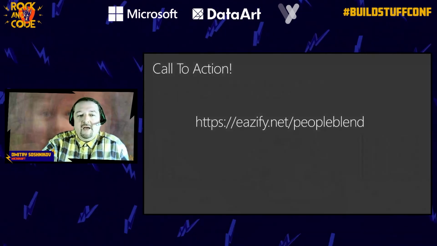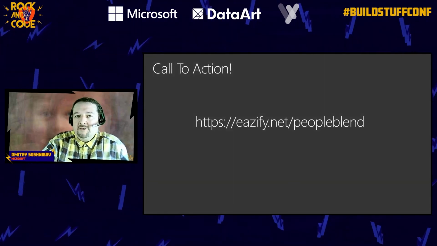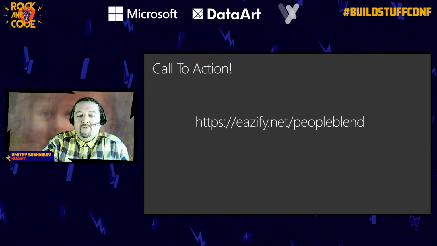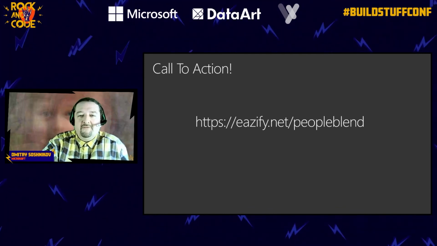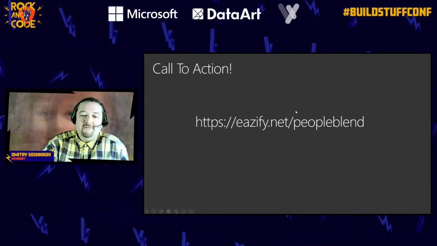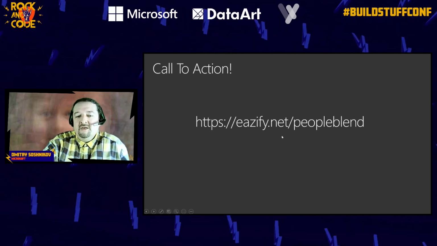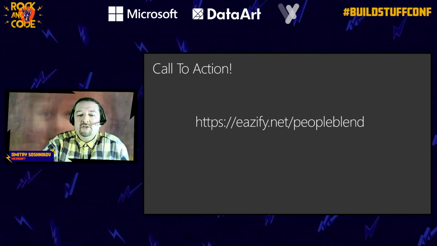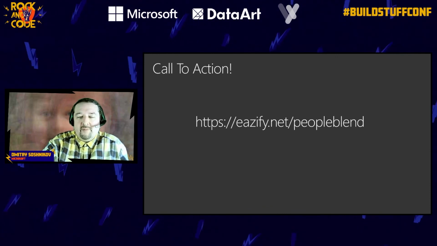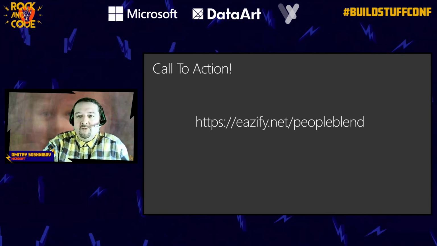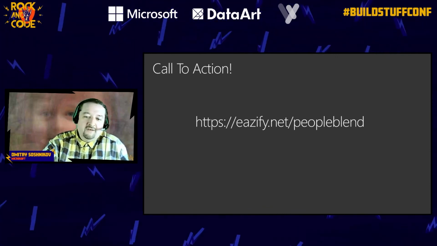And finally, I have one very simple call to action to you. If you can immediately after hearing my talk, go to this easyfi.net/peopleblend page. That is the web page, interactive web page, which will take your photograph through webcam and blend it together with other photographs of other people.